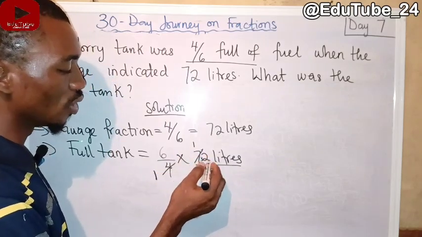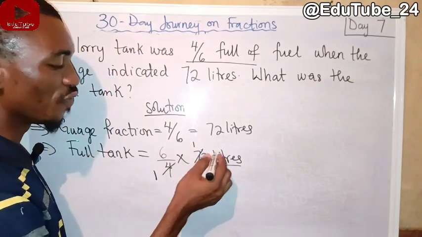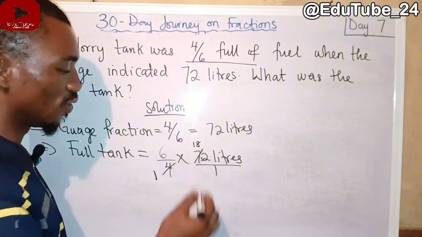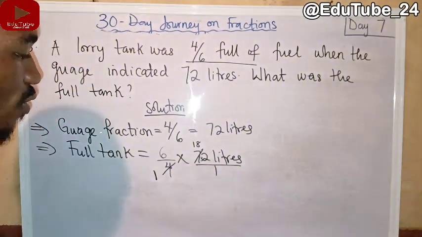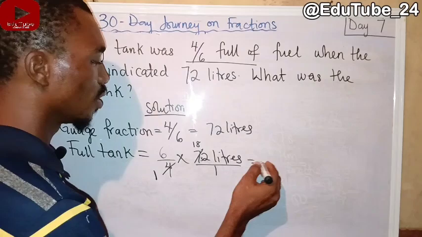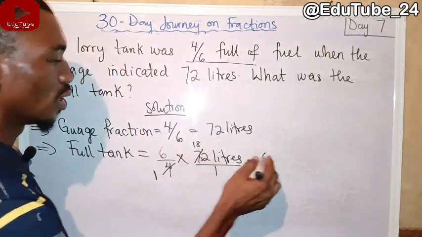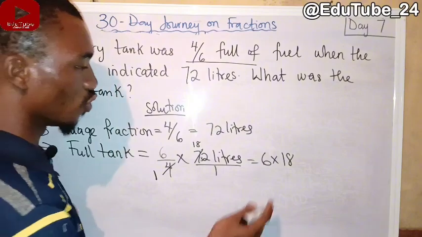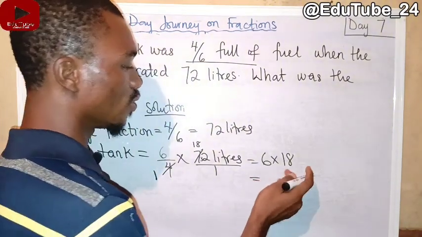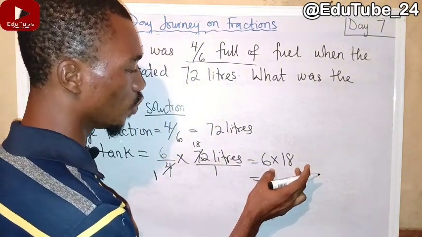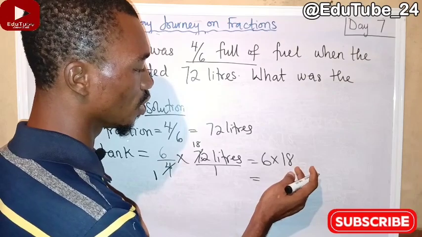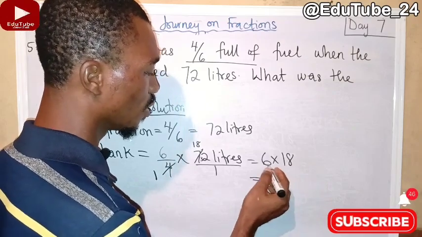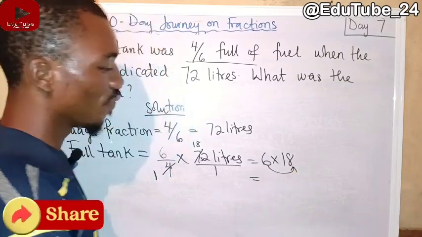If I pair the 3 and 2 together, that makes 32. So 4 in 32 will give you 8. Now we are left with 6 in the numerator times 18 in the numerator as well. So 6 times 18. You can evaluate this one by one, starting from the unit. So 6 times 8 gives you 48.